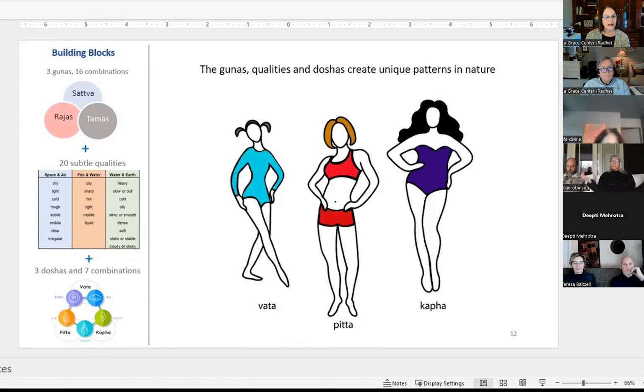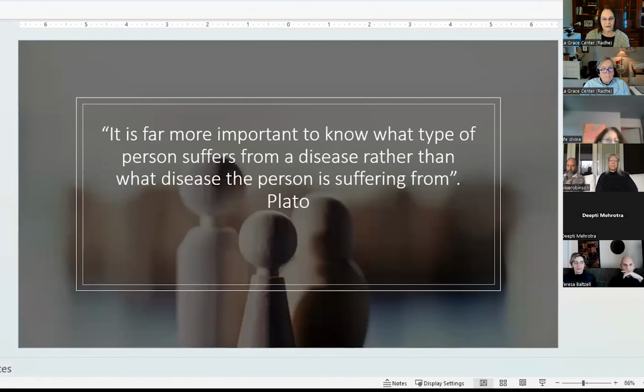So the last slide, and then we can open it up for discussion. Sorry, this has taken a little longer than I had thought. But here, I think Plato's aphorism becomes very relevant to Ayurveda. Plato says, it is far more important to know what type of person suffers from a disease rather than what disease the person is suffering from.